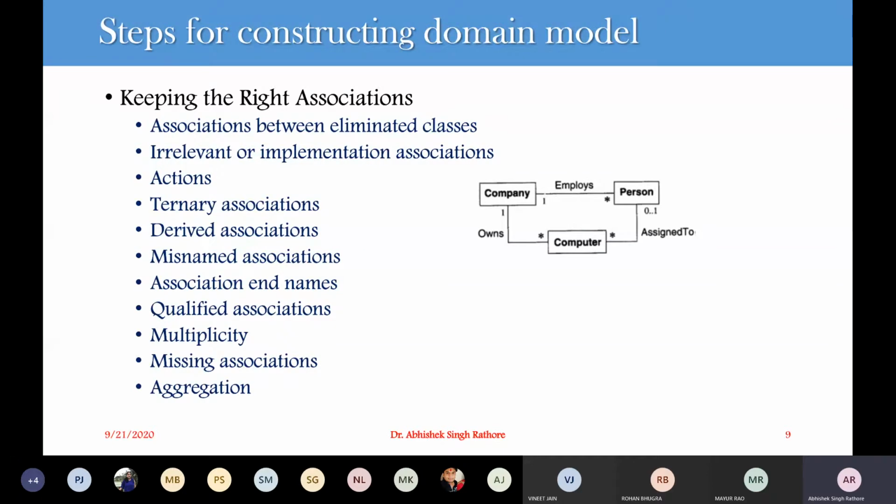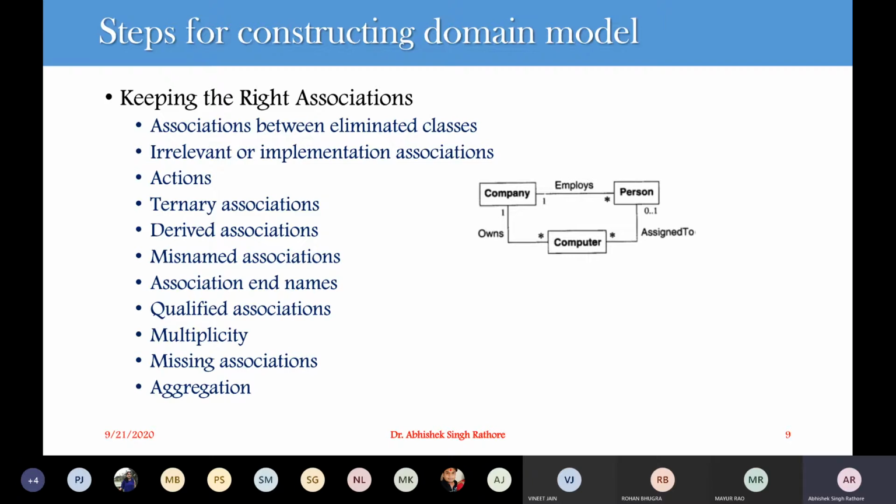Then we go to ternary associations. So what is a ternary association? We can have some criteria associated with your ternary relationship. We can decompose most associations among three or more classes into binary associations, or we can replace them with a qualified association.